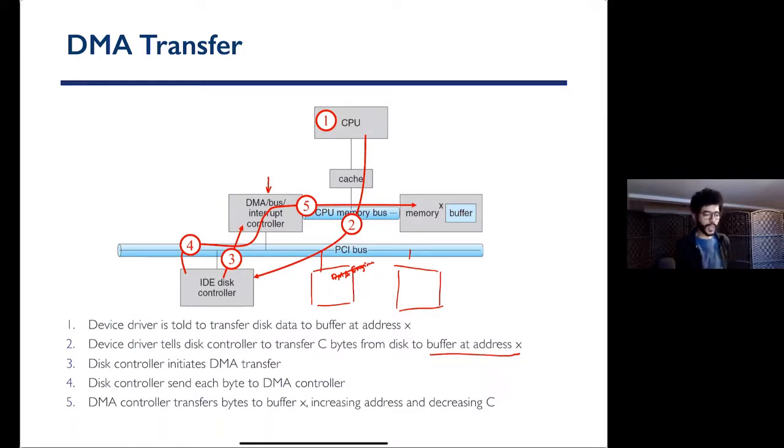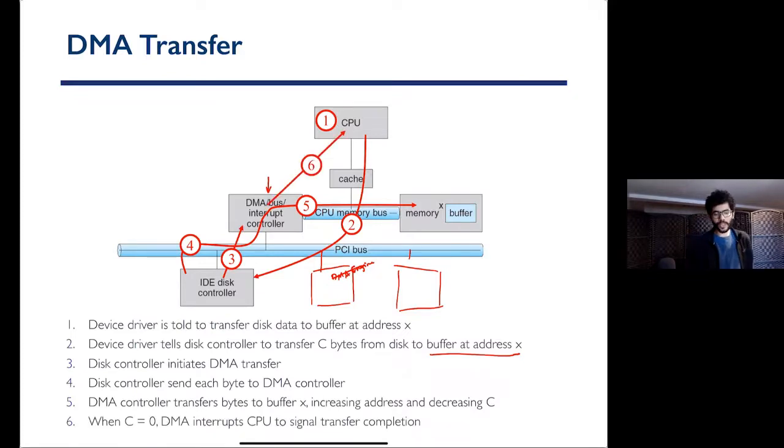Once it's all done, the DMA engine raises an interrupt and tells the CPU that it's all done. As you can see, the CPU was only involved in the first step, where we run the device driver to set up the DMA. The transfer happened through the DMA engine, and while this was happening, the CPU was able to do something else, right? We were not wasting CPU cycles.